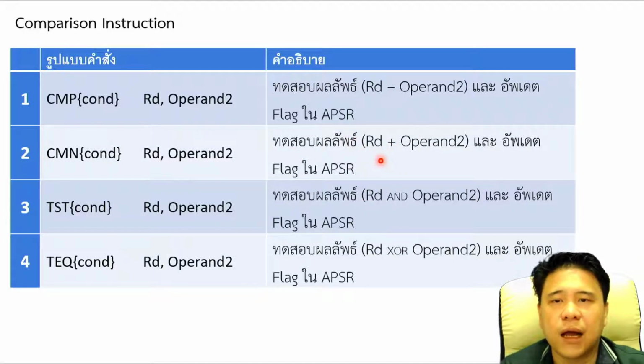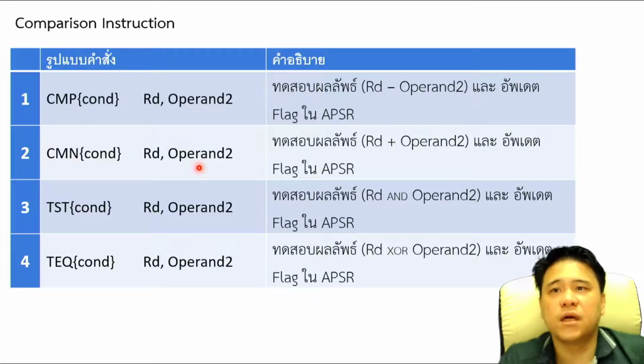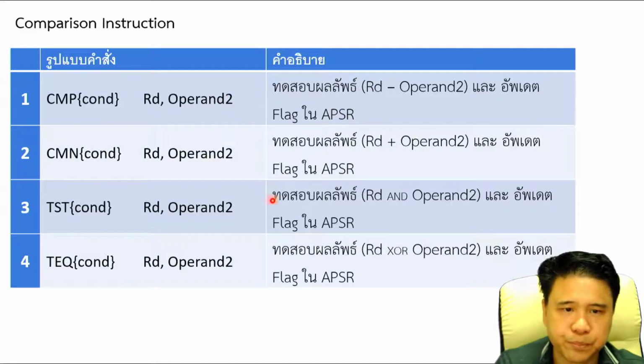Then it compares RD with the negative of operand 2, or RD plus operand 2. Then the output will alter the bits in APSR. If this is a little confusing, you can think of CMN as comparing with the negative number of operand 2, and that's it. It follows the same result as this operation.